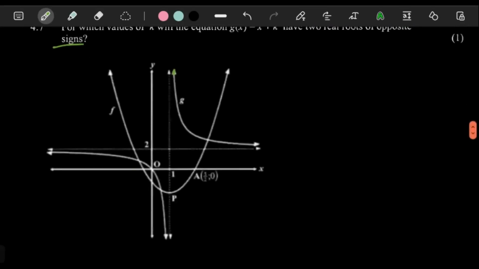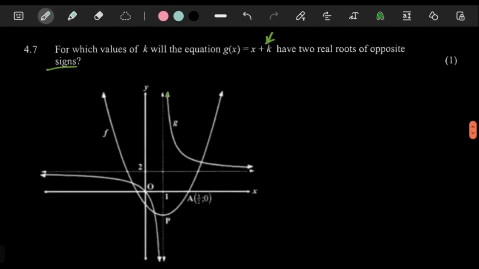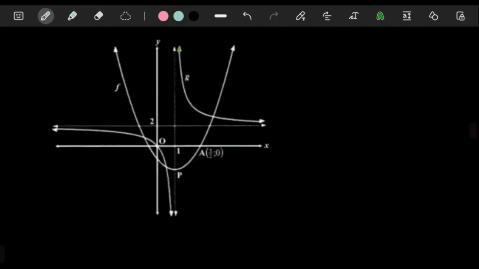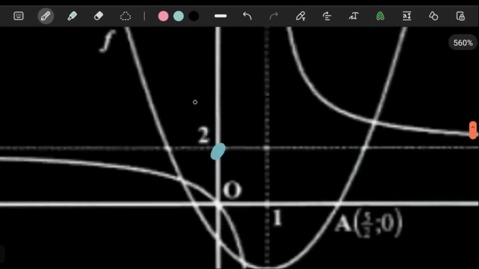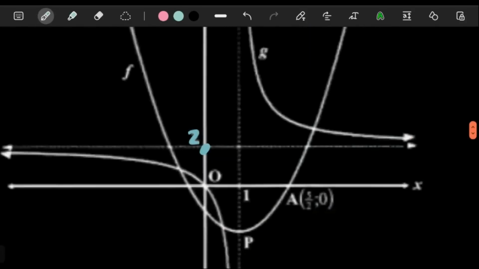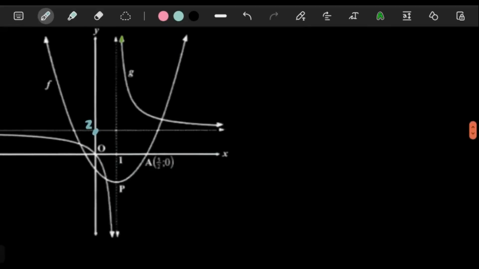Meaning, how much do you need to move the graph for it to have one x-intercept that's positive and one x-intercept that's negative? So the idea is, if you move it 2 units downwards, your horizontal asymptote is originally at 2. What that means is, if you move your graph exactly 2 units, your hyperbola would look something like this.